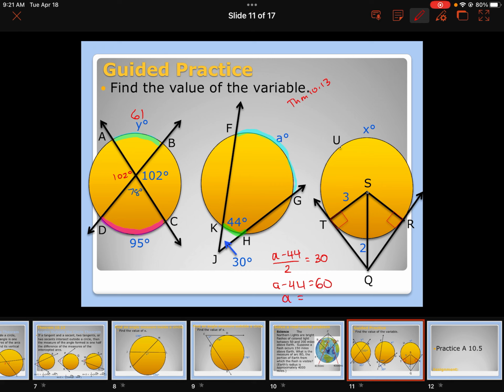And then you're going to add 44. So it looks like that big arc has a measure of 104. And you can check yourself. Let's do blue minus green. 104 minus 44. That gives you 60. What's half of 60? It's that 30. Okay? So that's a good place where you can use theorem 10.13.